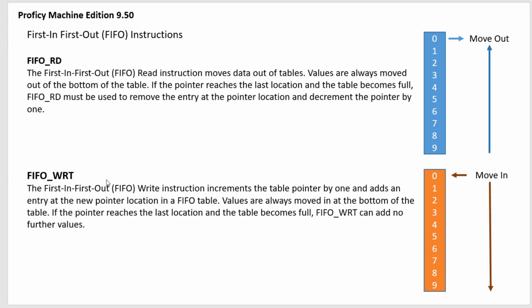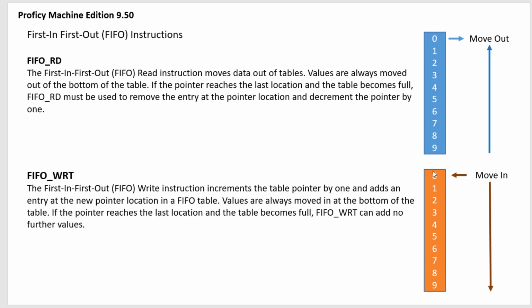Now, when it comes to FIFO write instructions, this is not taking data out of a table. This is actually writing data to our table, and we always move data beginning at the bottom of the table. So what happens is we have a pointer just like our FIFO read instruction, and that pointer, instead of being decremented, is incremented beginning at 0 until it reaches the nth size of our array.